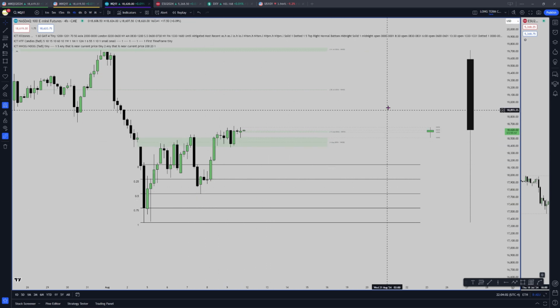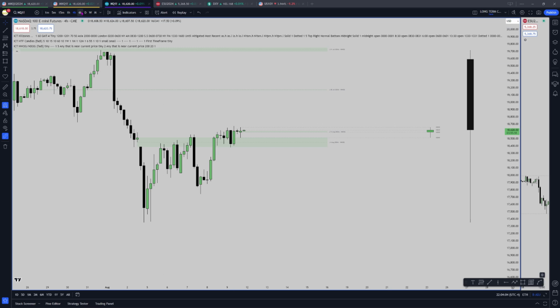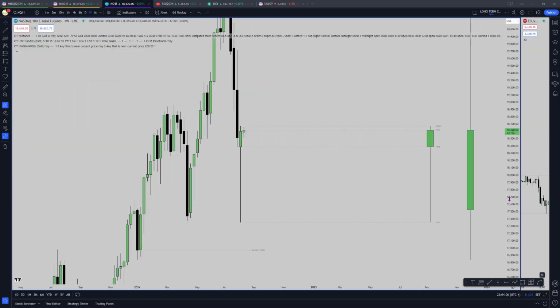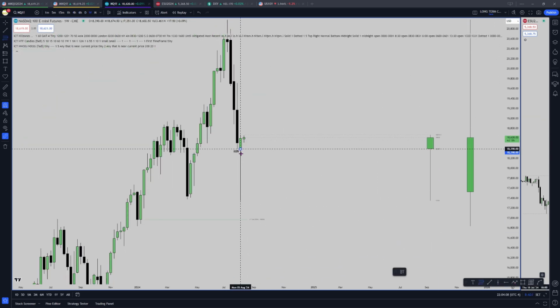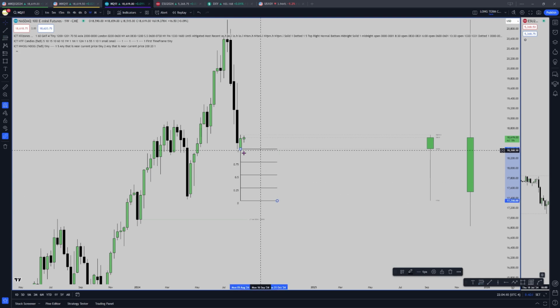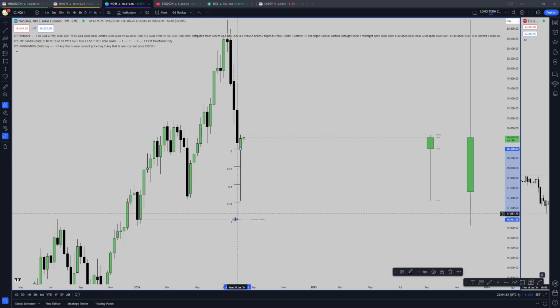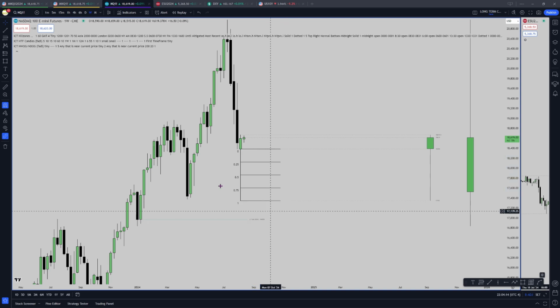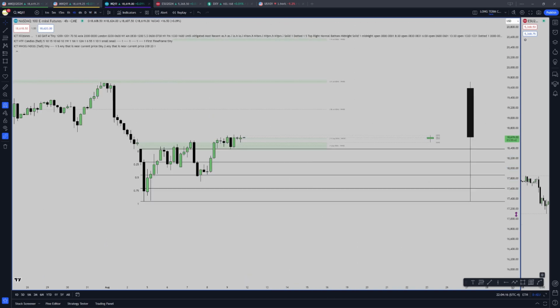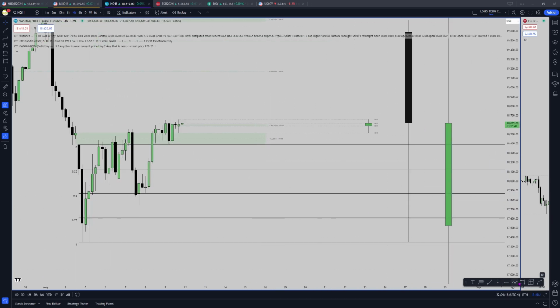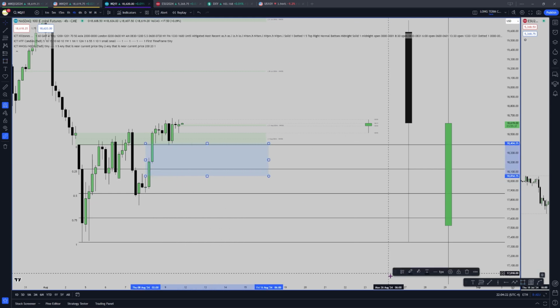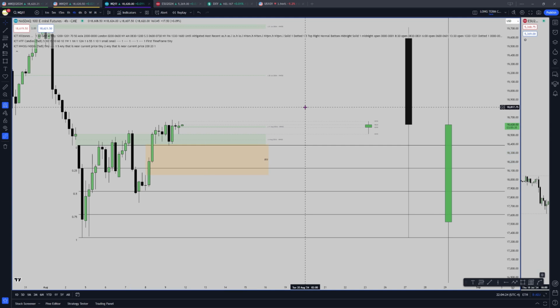We went up. So wicks are inefficiencies to market makers. This week I'd like to see us respect around 25 to 50% of this weekly wick, which also lines up with these two inefficiencies. So that's another reason why I'm very bullish this week.